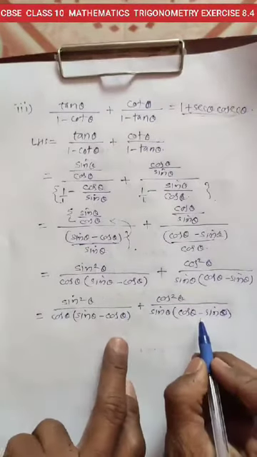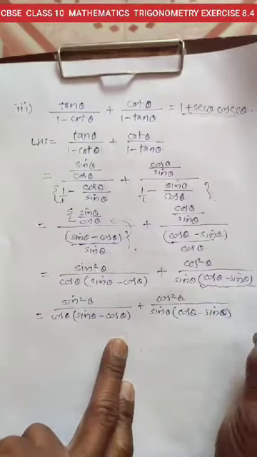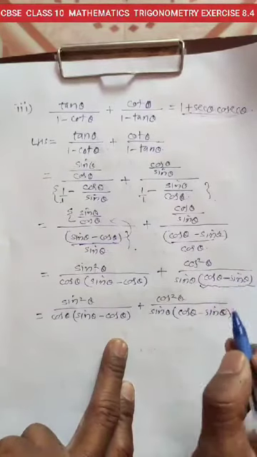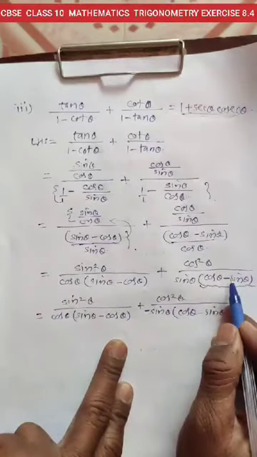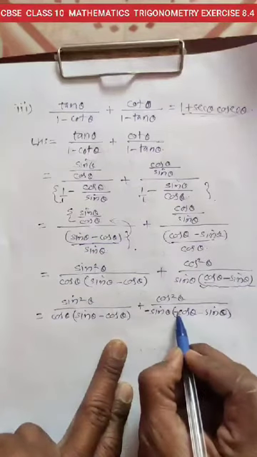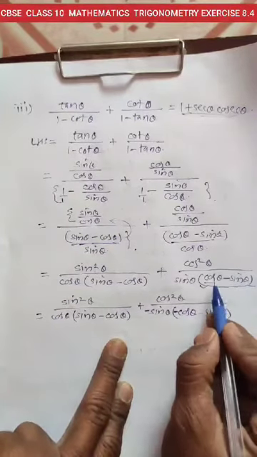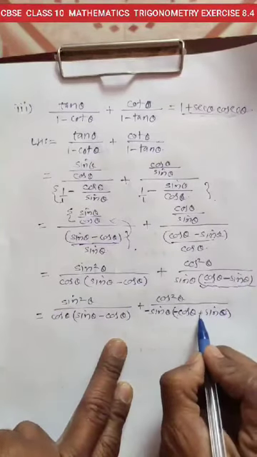Now in this step, just do one thing: here take the minus sign as common. If we take the minus sign from this bracket as common, then the positive term is converted into negative. So plus cos theta becomes negative and minus sin theta becomes positive.